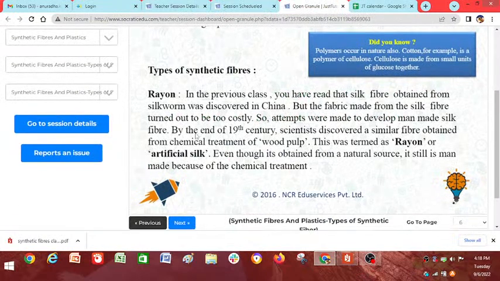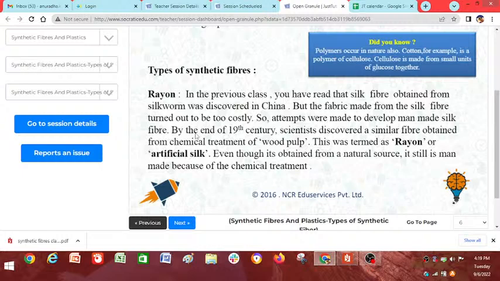So in the previous class, you have read that silk fiber obtained from silkworm was discovered in China. But the fabric made from the silk fiber turned out to be very costly. So all the fabrics made of silk are quite costly.